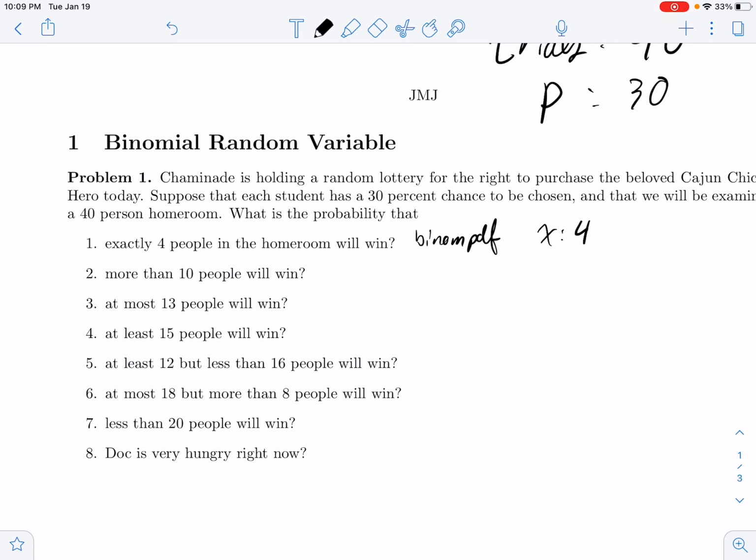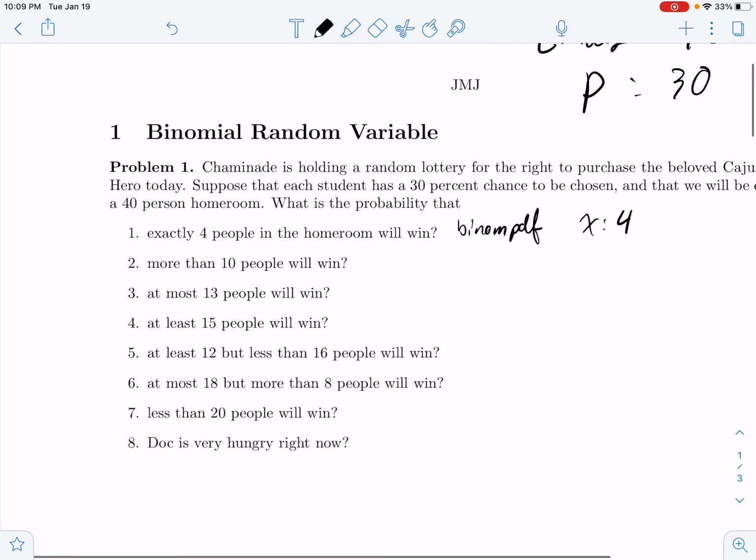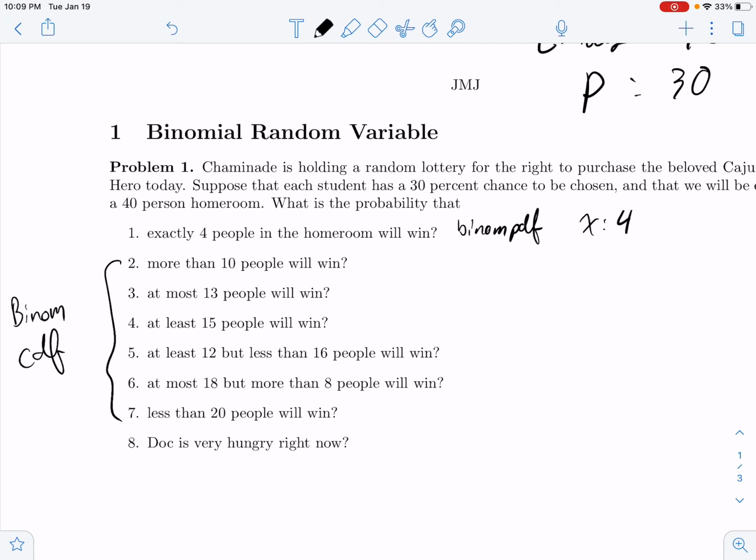All right. And now for numbers 2 through 7, they're all going to be binom CDF. And I guess the question just becomes what the X values will be. This is binom CDF, cumulative density function, because we're doing more than one person at once.